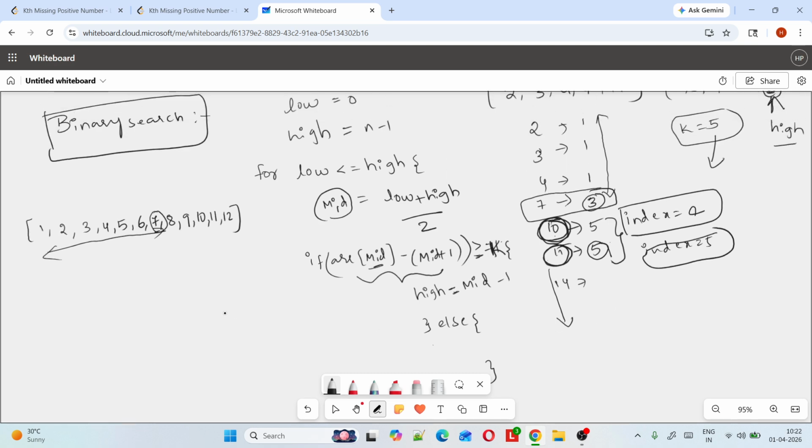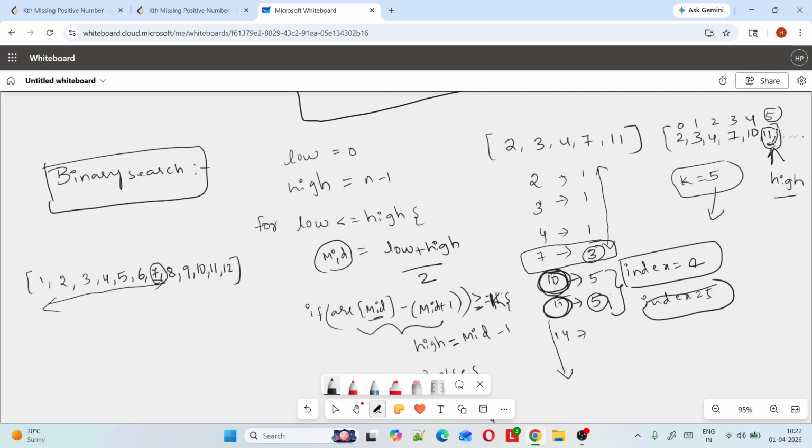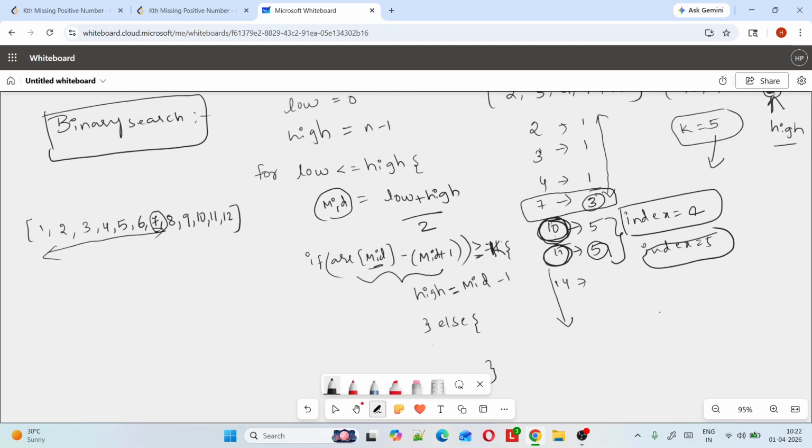In that way, if you take 2, 3, 4, 7, 10 and 11, initially our high pointer is here. So if you move our high pointer, mid will be here, and mid is here and high is also here. Okay, now you have to move your high pointer.